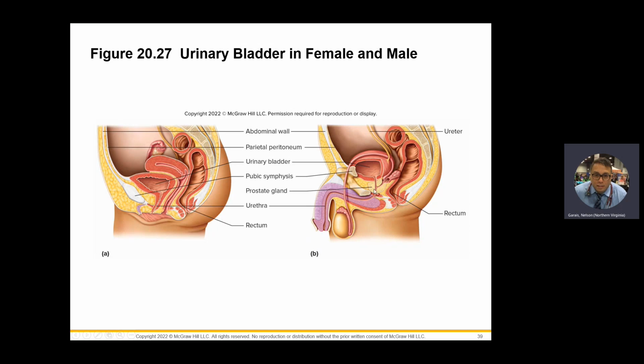Now, you can see that this tube is all well and good. But what if, odds are, a male patient greater than 40, typically Caucasian, starts developing prostatitis. So what's going to happen to this tube right here? Pinch. It's all going to pinch, and what's going to happen to their ability to urinate regularly?